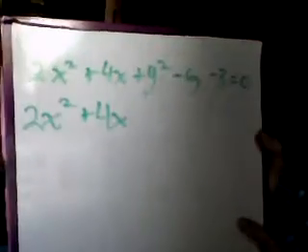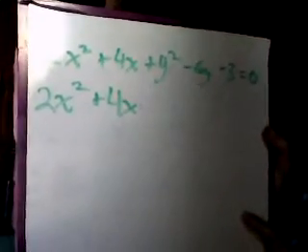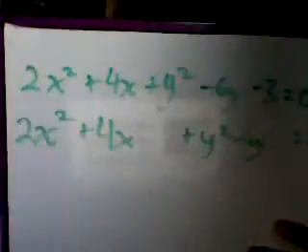So you got 2x squared plus 4x. Make sure after this part here you leave a space so you can complete the square. Plus y squared minus 6y, leave another space, equals 3. So you're going to end up like that.